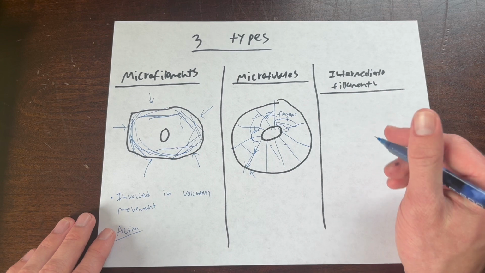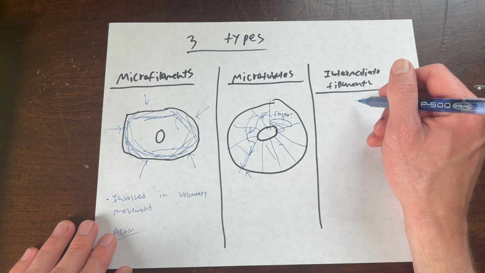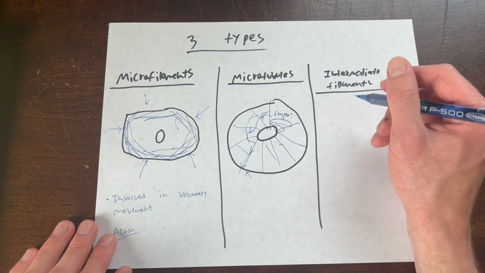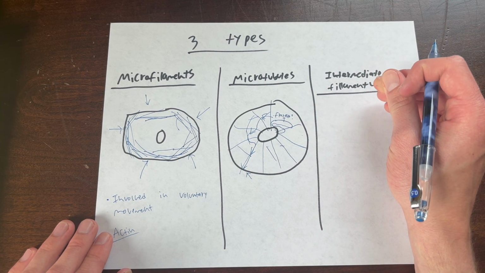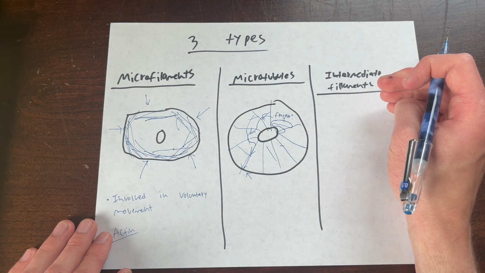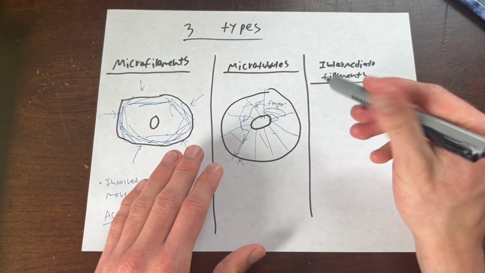It's super interesting stuff. Finally, intermediate filaments are the lowest yield, I would say, type of cytoskeleton. They really just mediate cell-cell adhesion. What does that mean?